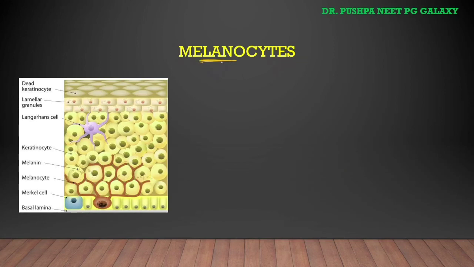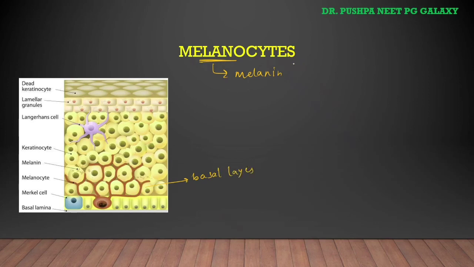As name suggests, it contains melanin, that is pigment cell. These cells produce the pigment called melanin. This pigment protects against ultraviolet rays. Usually, these melanocytes will be present in the basal layer.